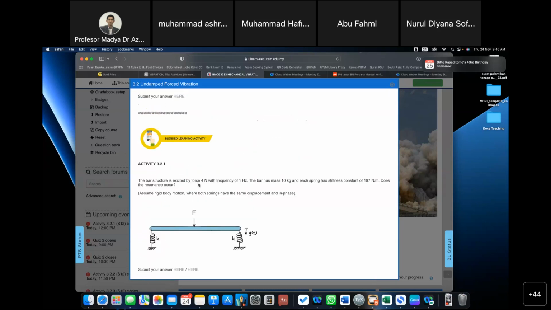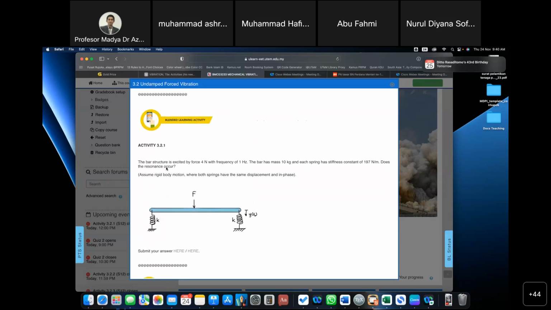Okay. So here, activity 3.1, you can do it yourself, but the idea is, you know the mass of the bar, and you know the stiffness of each spring. From here, you can calculate the natural frequency. But the bar is excited with 4 Newton at frequency 1 Hertz.